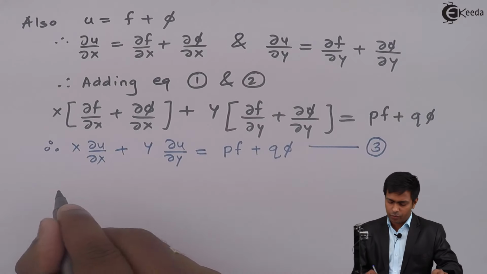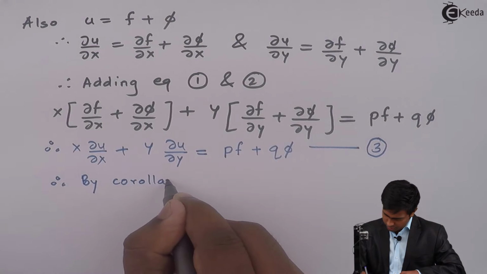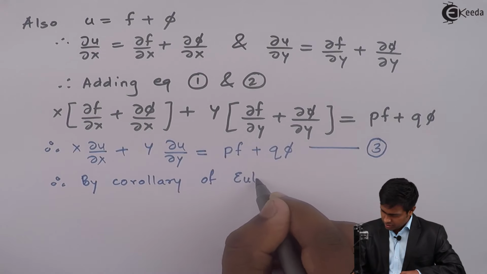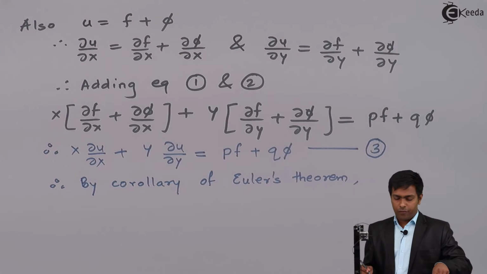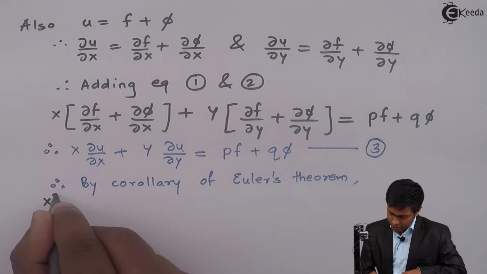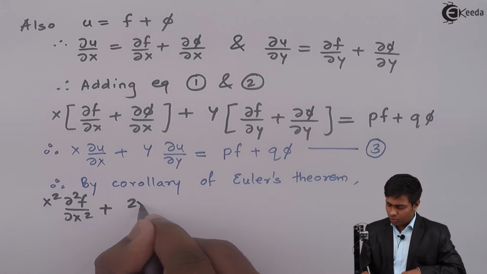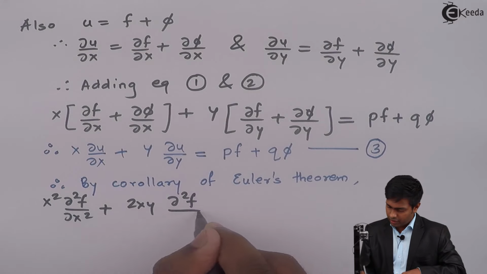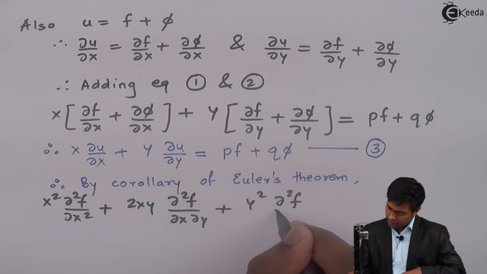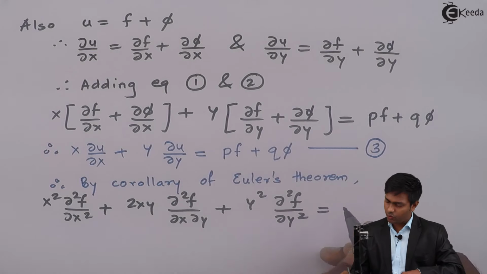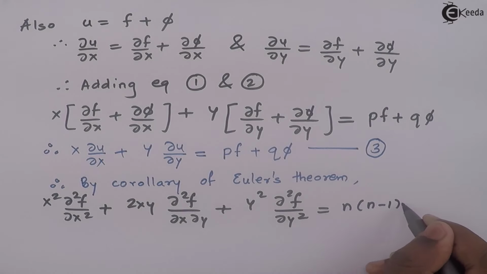So by the corollary of Euler's theorem, for f we will get x square dou square f by dou x square plus 2xy dou square f by dou x dou y plus y square dou square f by dou y square is equal to n into n minus 1 into f.